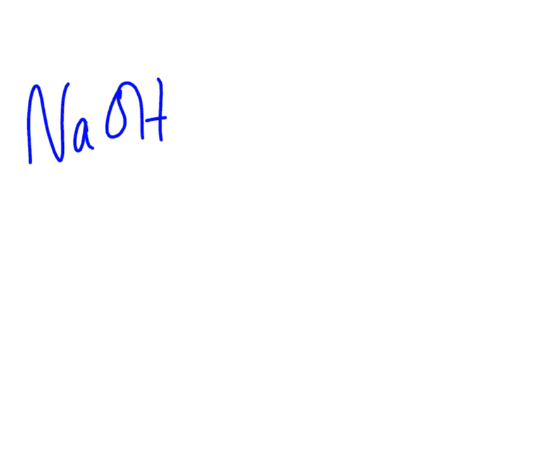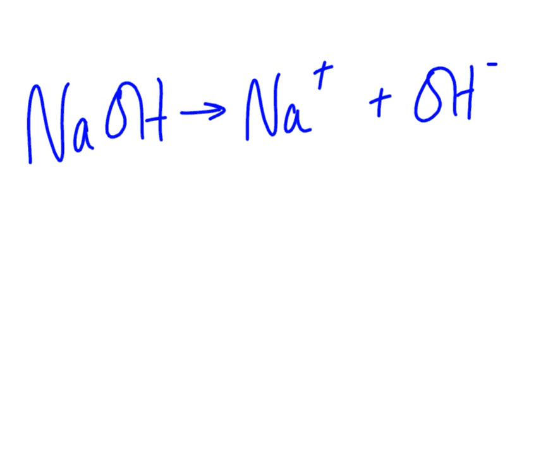All of those are bases, and it's pretty simple. All you're going to do is, just like we did with the acid, break it up into the cation and the anion. Okay? And just so we saw before, we have a neutral charge, a positive charge, a negative charge, so that's balanced. We have one sodium and one sodium. And then, of course, we have one hydroxide and one hydroxide on both sides.